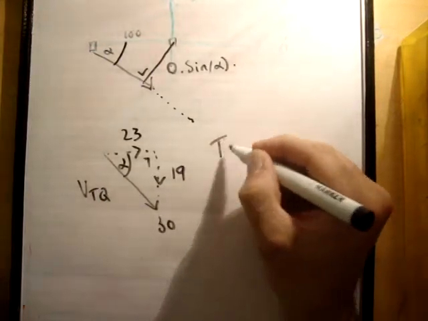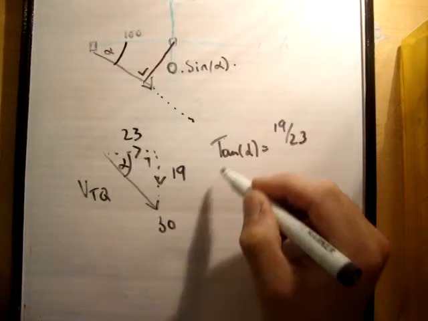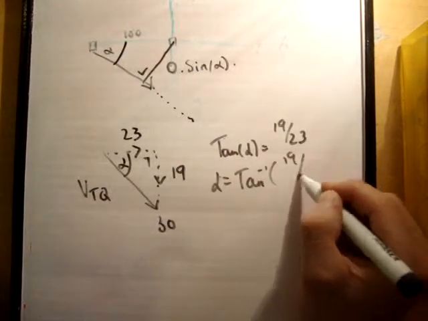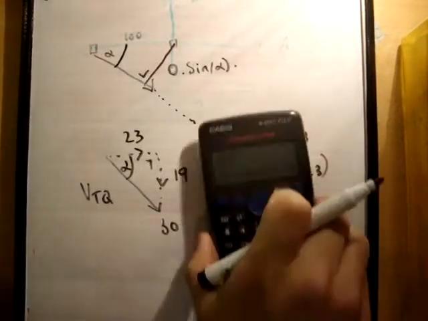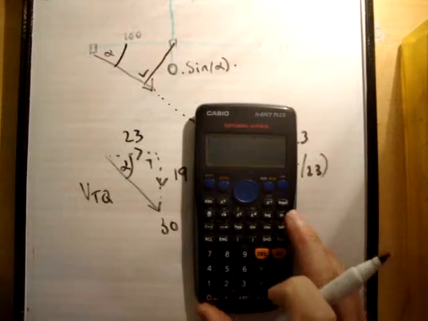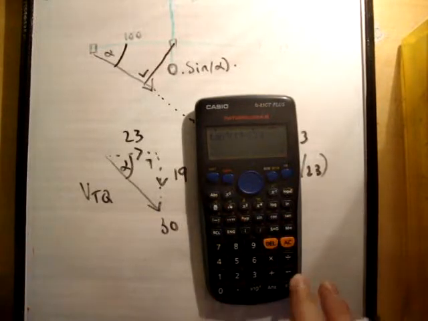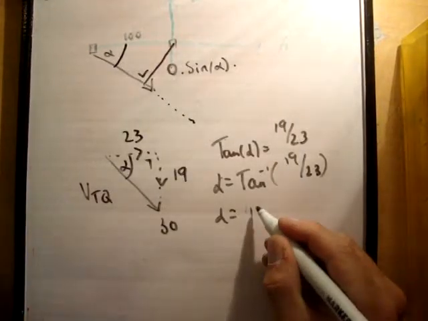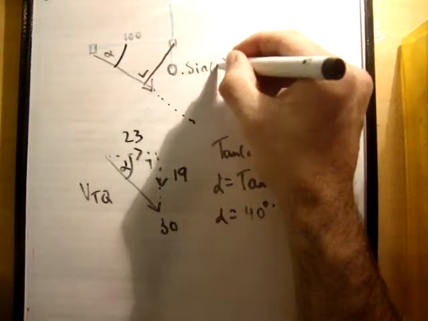So we'll say tan of alpha is equal to 19 over 23. Therefore alpha is equal to the inverse tan of 19 over 23. Shift tan in your calculator for inverse tan, 19 divided by 23, giving an answer of 39.5, so approximately 40 degrees.